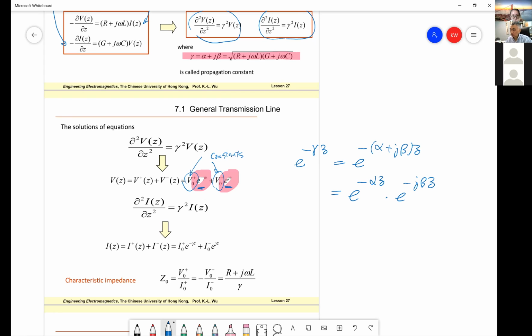The first term means how the signal attenuates when the medium is lossy, how it attenuates as z increases. The second term is how the phase changes as z increases. This is exactly the same as a plane wave, so I don't like to spend time on it. Clearly, this term means the wave propagates in the positive z direction.